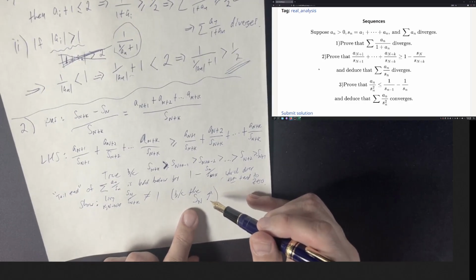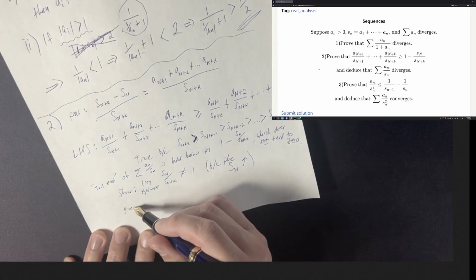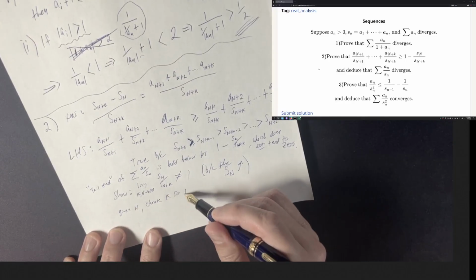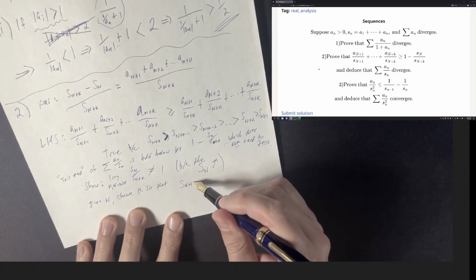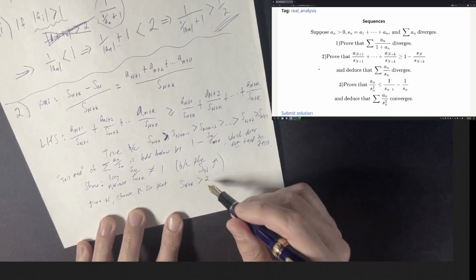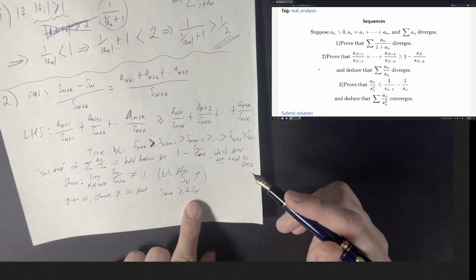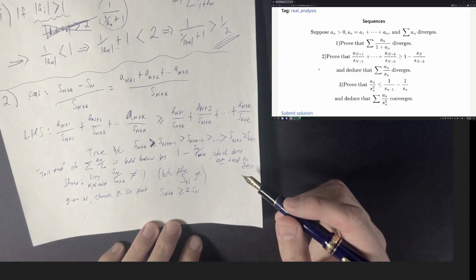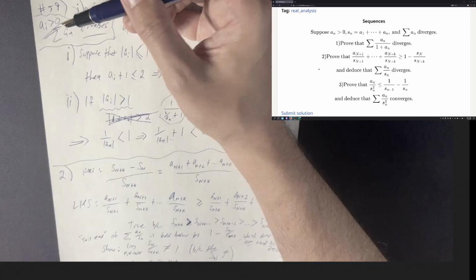So what I'm saying is, given an n value, choose k so that S_{n+k} is greater than 2 times S_n. We know you can do that because the original series is divergent, and they're all just strictly positive terms.